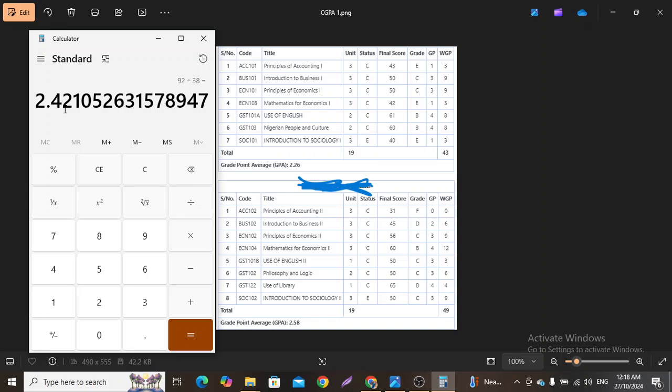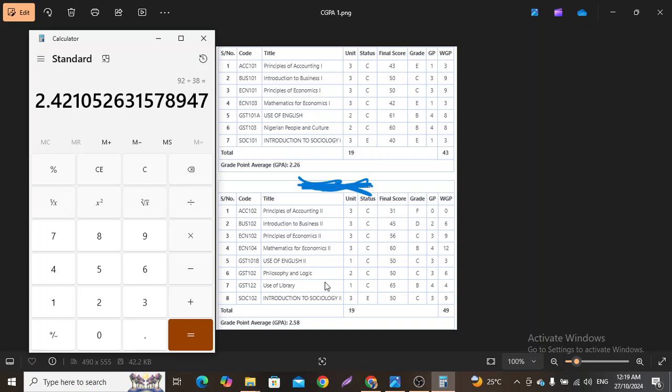It is not the way that most students do, where you add up first semester GP and second semester GP and divide by 2, or add first semester GP, second semester GP of 100 level, add that of 200 level and divide by 3 or by 4. That is not what is done.